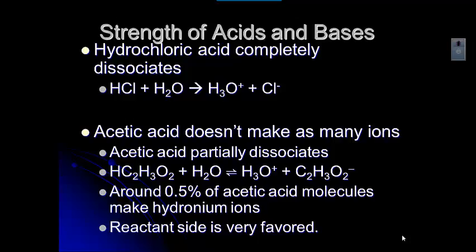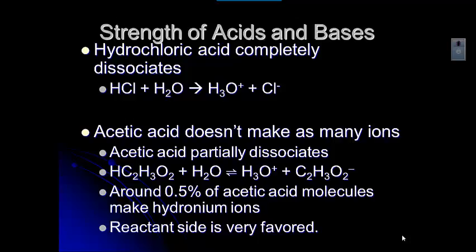And so that means only about 1 out of 200 acetic acid molecules will split into its ions. And the ions are the only particles in that equation that will carry a charge. So most of those molecules stay in the molecule form. They don't split apart and form ions, so they don't conduct as much electricity.